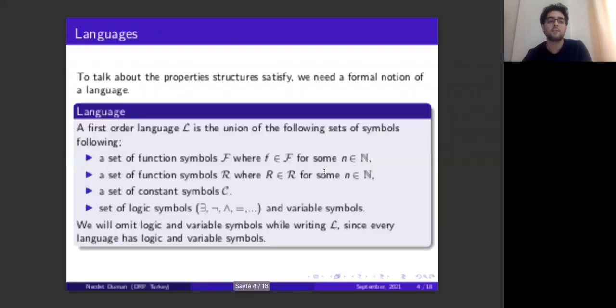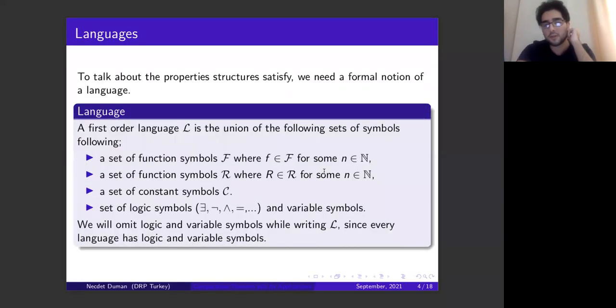To have this definition, we first have to define what a language is. A language is a set of symbols such that it has function symbols, relation symbols, and constant symbols, and logic symbols and infinitely many variable symbols.